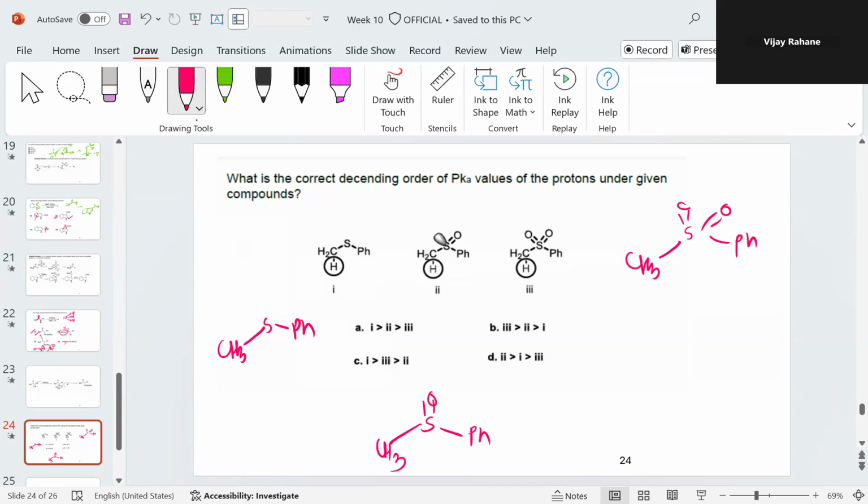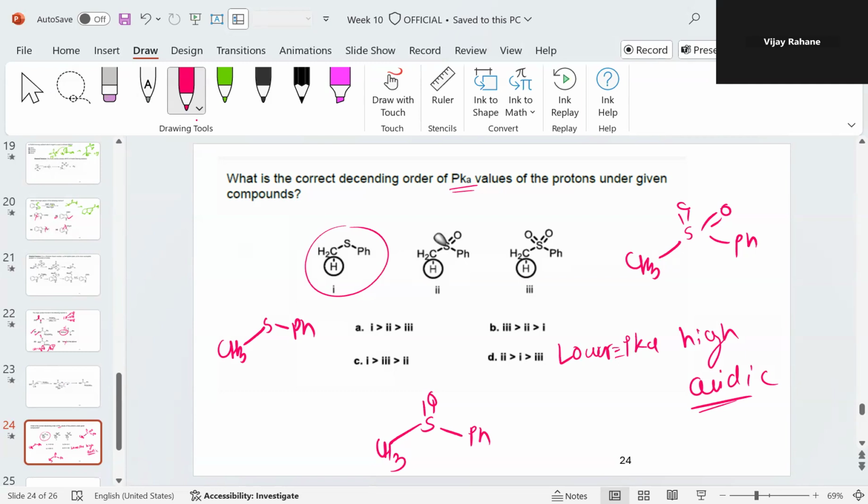If you look at all the options, the pKa values represent acidity. So lower pKa means higher acidity. Lower pKa is equal to higher acidic, or we can say a more labile proton, right?